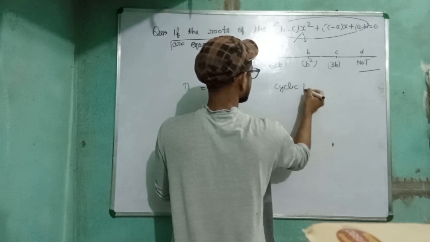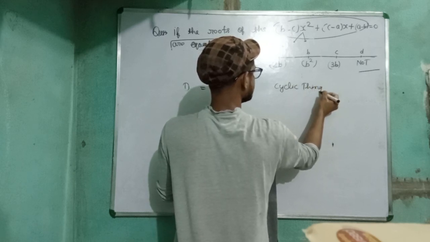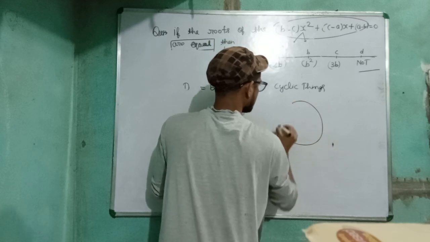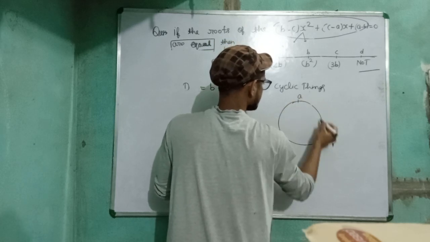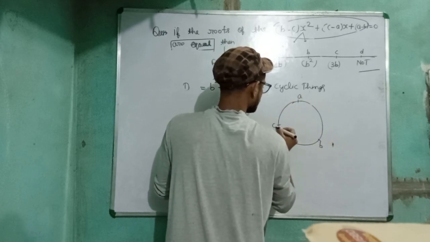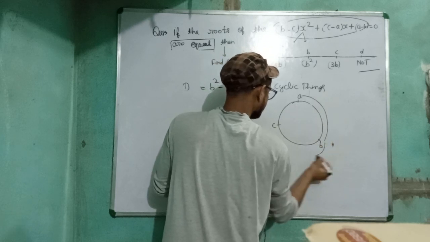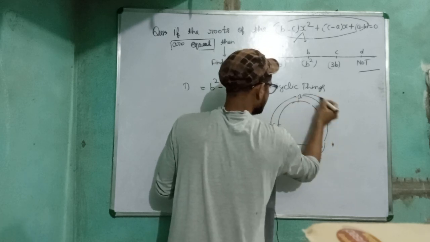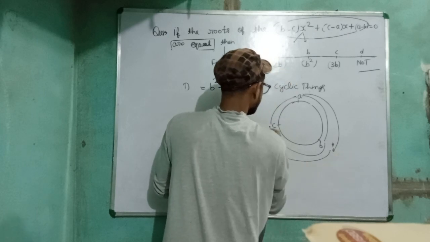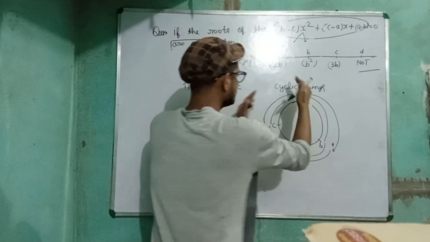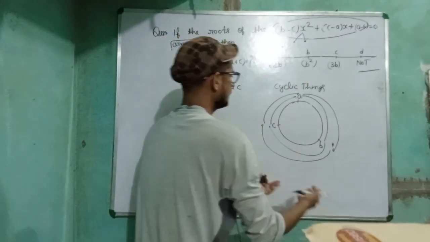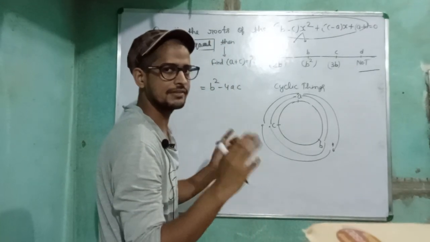Cyclic things, I want to say that if you start from A, come to B, then come to C, again A to B, B to C, C to A, again making repetition A to B, B to C, C to A. So this type of thing is cyclic, and cyclic things are very beautiful.